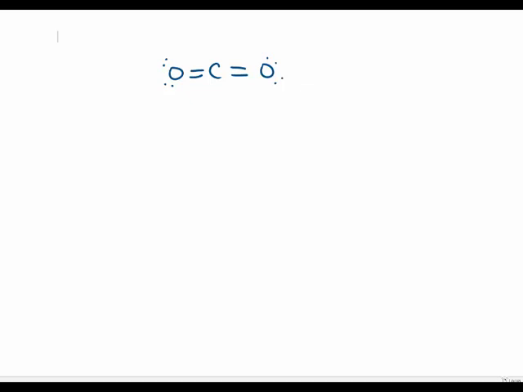So these two oxygen atoms are equal. And because they're equal, they're going to pull on those electrons equally. So we have a dipole moment pulling this way, and we have a dipole moment pulling this way, equal and opposite. So we have our partial positive on the carbon, and our partial negative is on the oxygen.